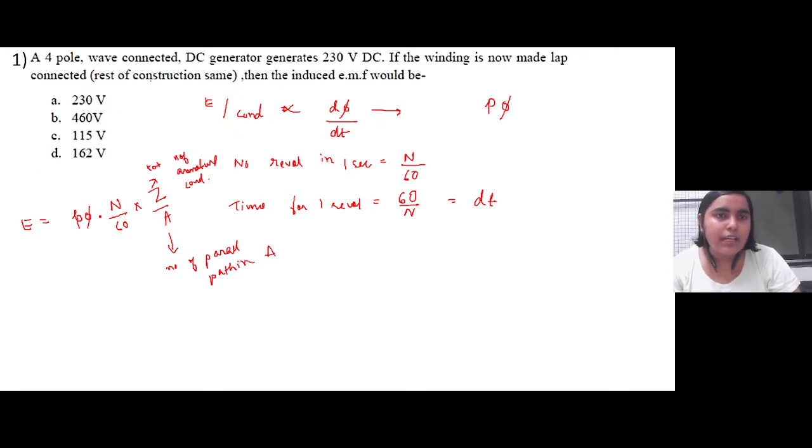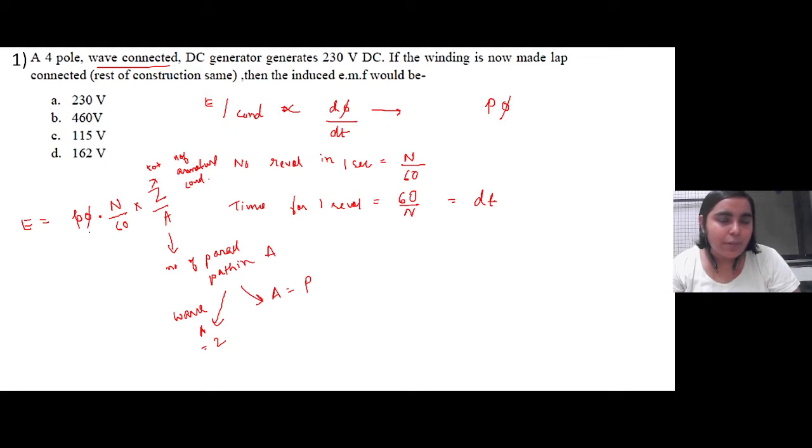So in case of the two connections which are given, depending on that, A will be, if it is wave connected, A is equal to 2, and if it is lap connected, A is equal to the number of poles. So in the first connection, when it is wave connected, A will be equal to 2.